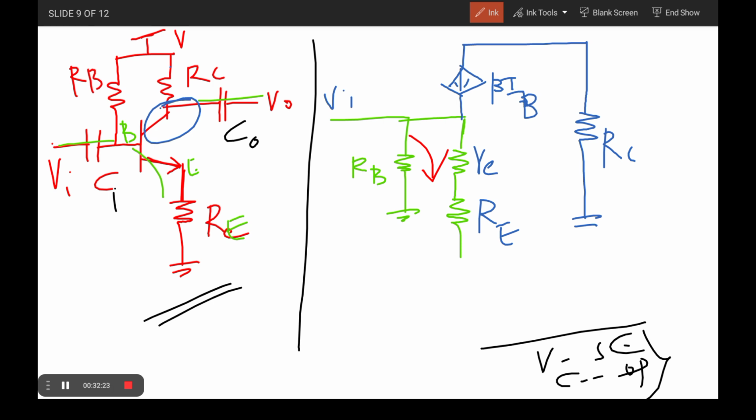So for this case, the input voltage Vi is equal to 0 plus the current passing through, I into, the input current into the internal resistance plus the external resistance Re, right? So Vi is equal to I into Re plus Re.